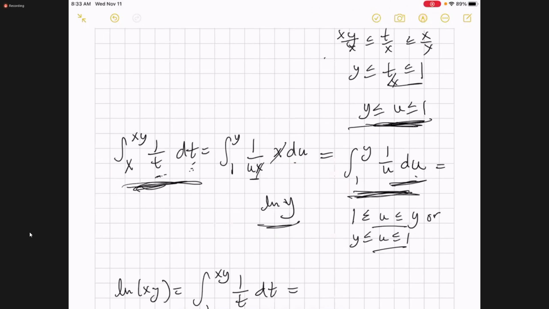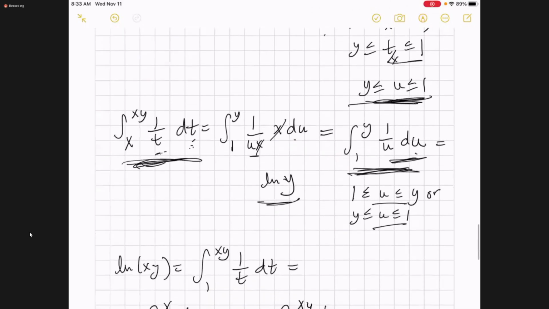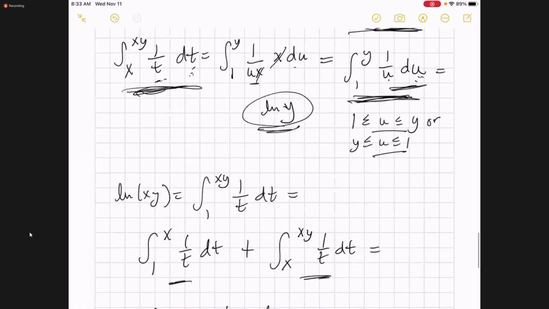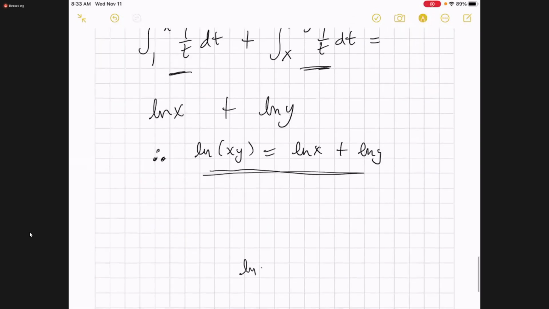Okay, that is ln of y. Because the letter I put in here, as long as it's not y, doesn't matter. And so ln of y, this really is the same statement.